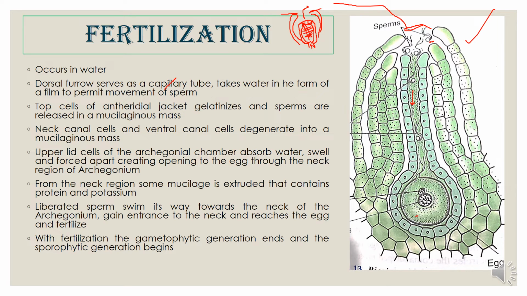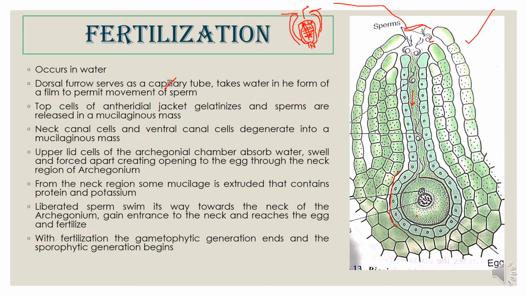Here we see the egg and the sperm nucleus going to fuse. So after fusion, the zygote is the first cell of the sporophytic generation, that is the diploid generation. So with the gamete, the gametophytic generation ends, and after fertilization, the zygote is the first cell of the sporophytic generation.